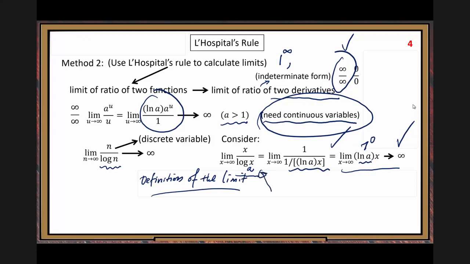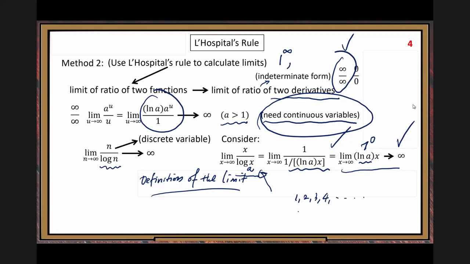When x goes to infinity, do we specify the way x goes to infinity? Which way? Because there are many different ways x can go to infinity. For example, x can take 1, 2, 3, 4, this way to infinity.